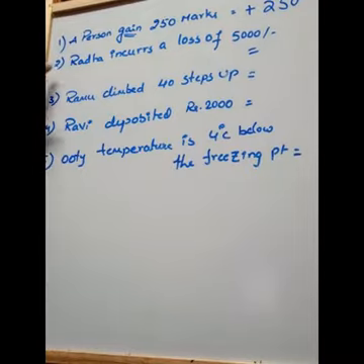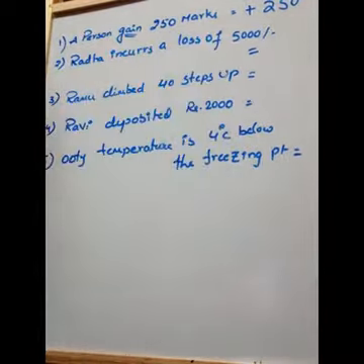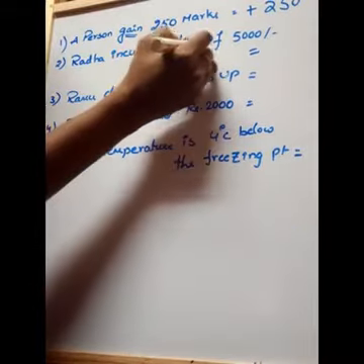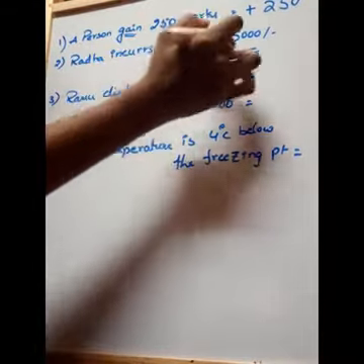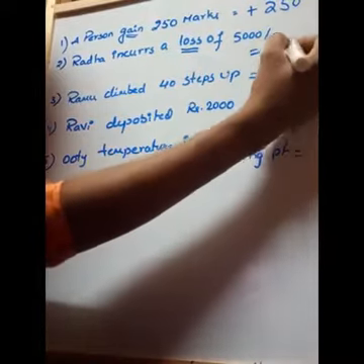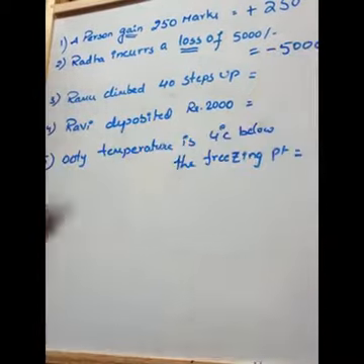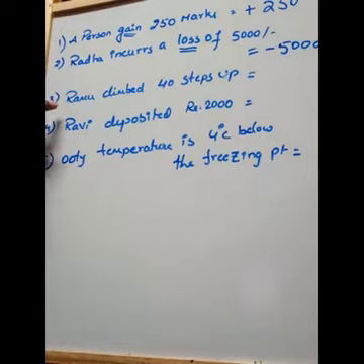Second statement, Radha incurs a loss of 5000 rupees. Here you have to identify the word loss. Loss is negative. So you have to write the integer 5000 with a negative sign. Minus 5000 is the integer you can give for this statement.